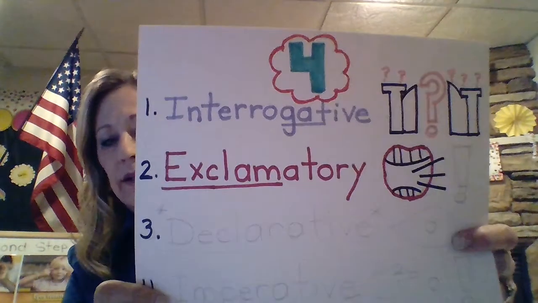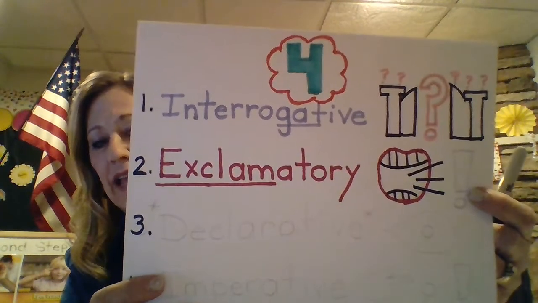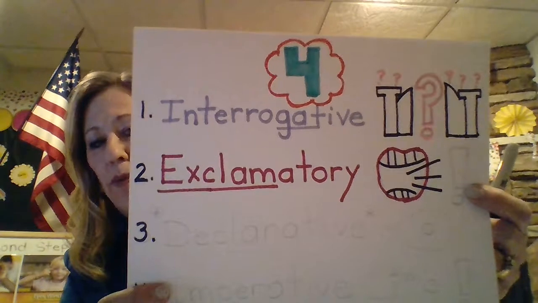But then I'm going to put these lines coming out of it, because the mouth is shouting. And the mouth is shouting because I have an exclamation point. So I'm going to make my exclamation point, I think I make it red, just like my word, because that means really exciting. Really exciting. So I'm going to make my exclamation point red. Woo! And I'm going to color that whole thing in.